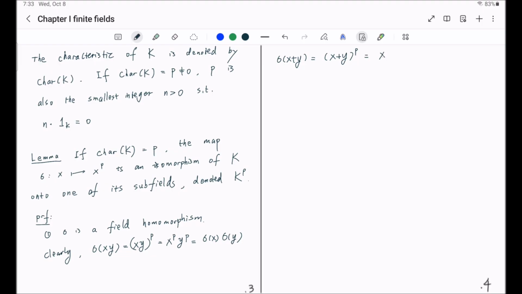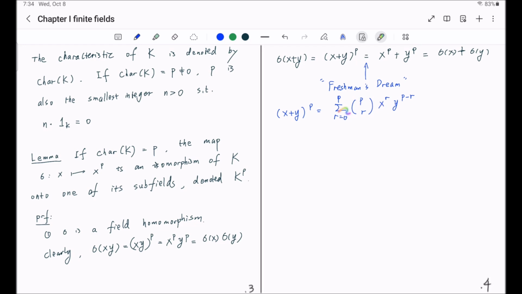It is equal to x^p plus y^p, which is equal to sigma of x plus sigma of y. This part, if you don't remember, is the so-called freshman's dream, which is proved by looking at the binomial expansion of this expression.